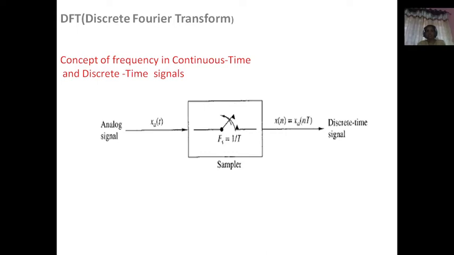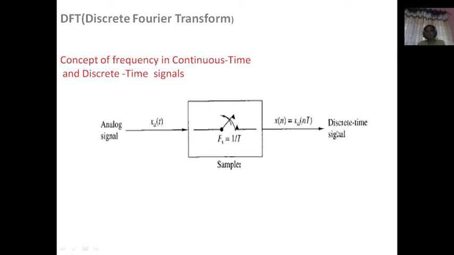The analog signal is passed through a switch which opens and closes at regular intervals of time T. Then the samples are collected at a rate equivalent to 1 by T. Then x a of t, the analog signal in continuous time domain, is transformed into x of n, which is equivalent to x a of nT. The continuous signal is sampled at regular intervals of T as n goes 1, 2, 3 and so on. In this way we can obtain the discrete time signal at the end.